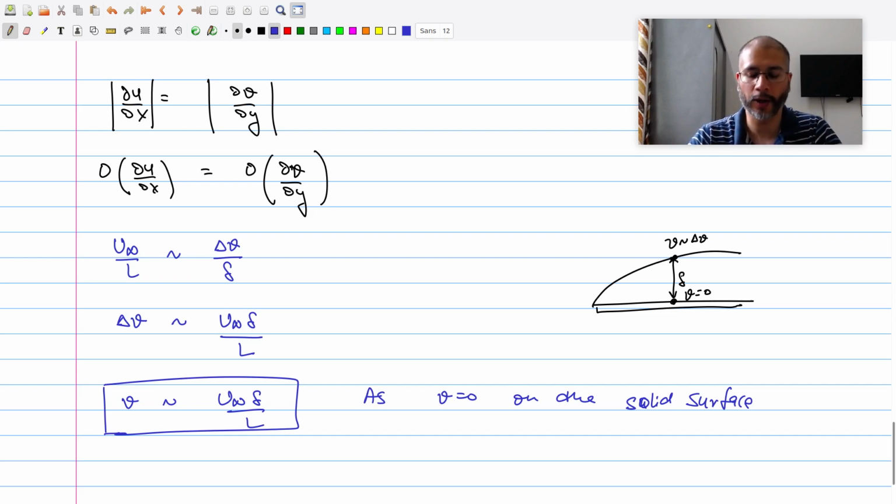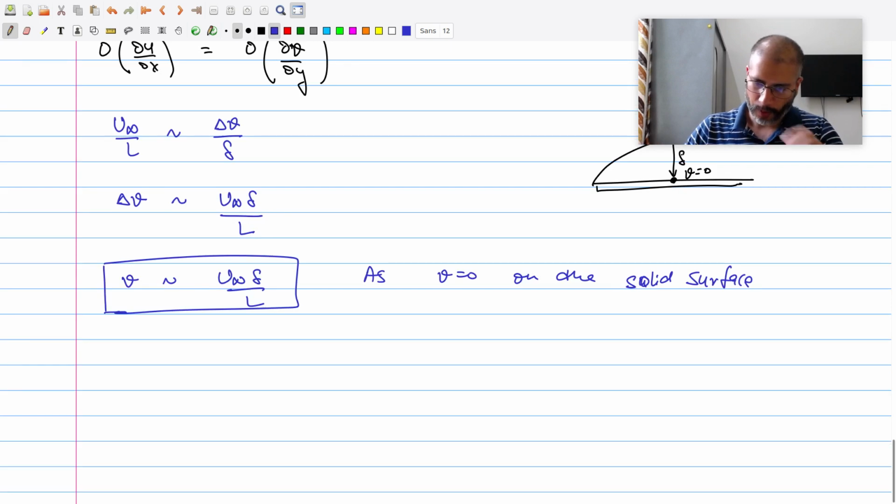In order of magnitude analysis, we always use it for comparison between two quantities. That completes the discussion on the continuity equation in terms of order of magnitude analysis. The continuity equation told us the order of magnitude of the y velocity, v, inside the boundary layer. So let's move on.